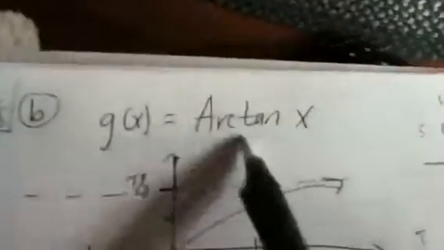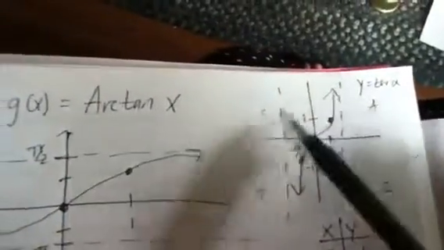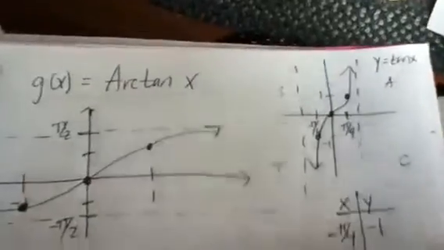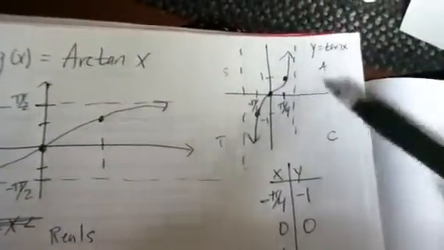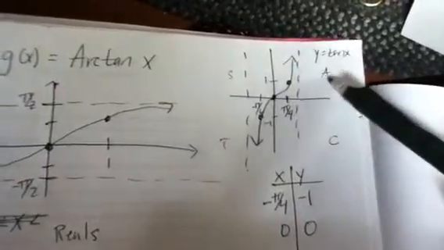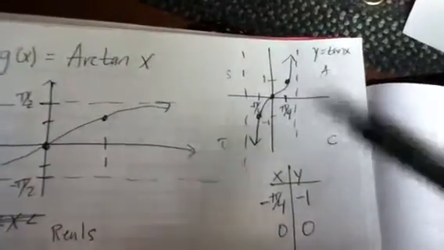Here's letter B. I want arctangent x with a capital A, so I go over here and I say, all students take calculus. How is arctangent restricted in its domain? Well, I'd use these two if I can, and I can because this would give me a positive value, that would give me a negative value.